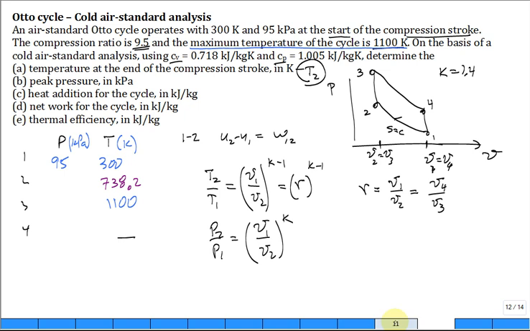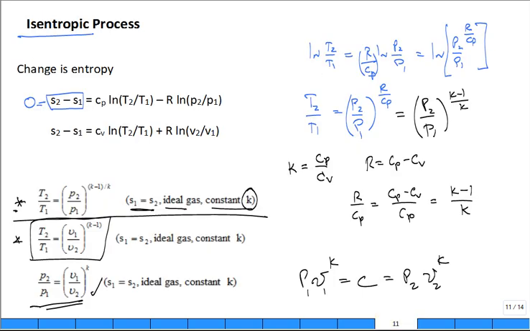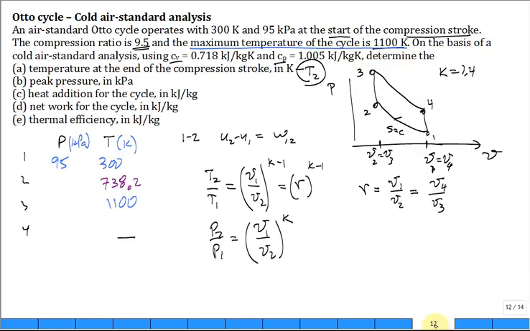That's using this equation right here. True? And same discussion, you know that that's the compression ratio to the K power. And you calculate that the pressure is, for this problem, 2221.